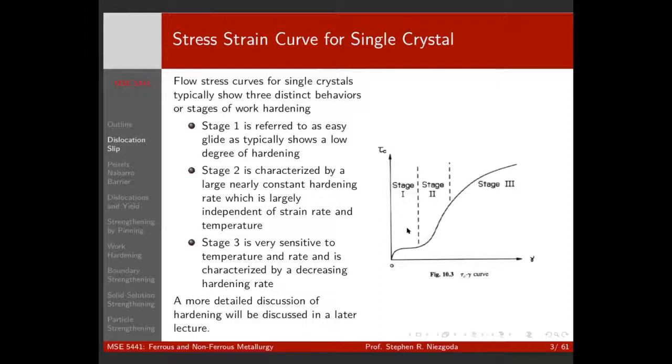But basically, what's going on between stage 1 and stage 2? Why is there a change? Dislocations are increasing and interacting.